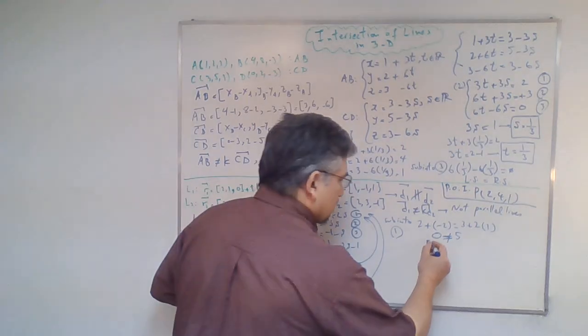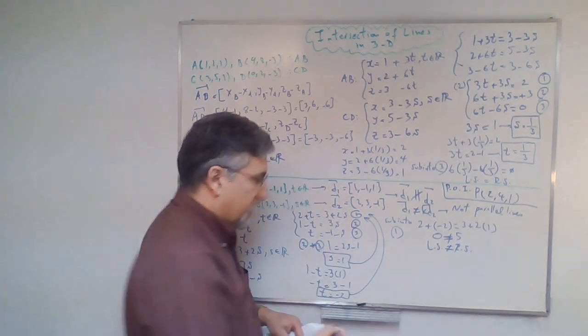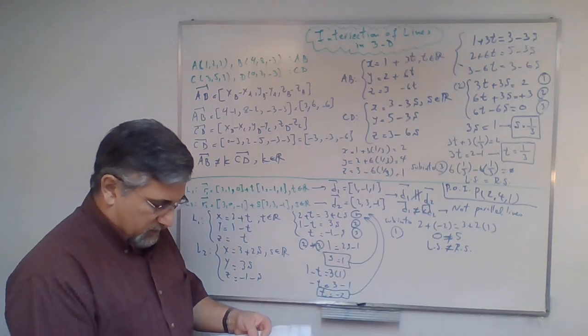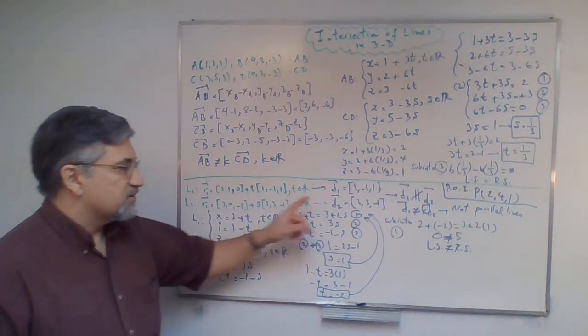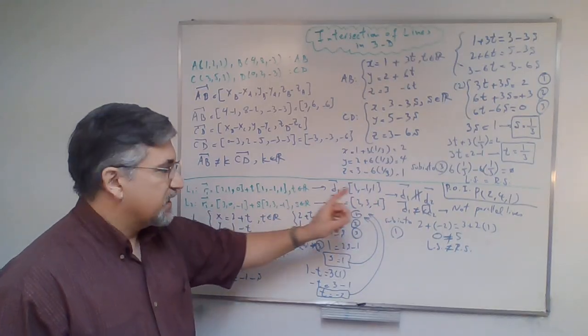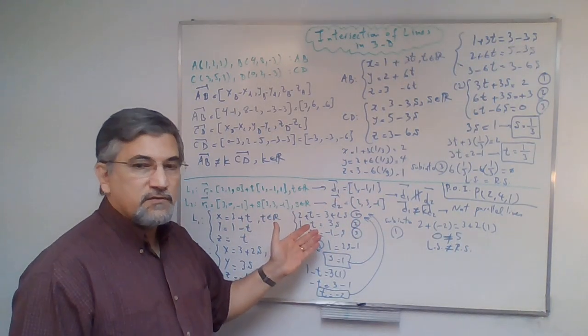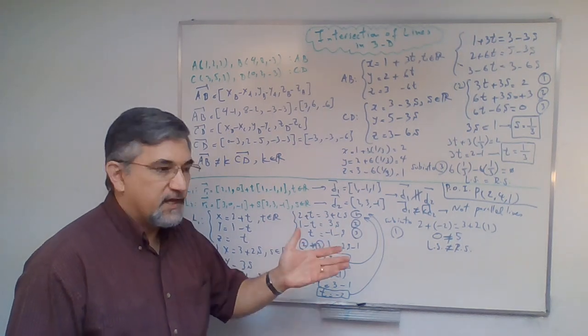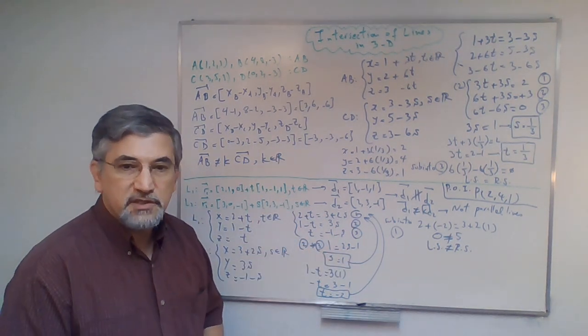So this time we noticed that left side was not equal to right side. And the message here is that these two lines that were never parallel and distinct, that were never coincident, now we understand that they were never intersecting. And out of 4 cases, 3 is gone. So they must be skew lines, period.